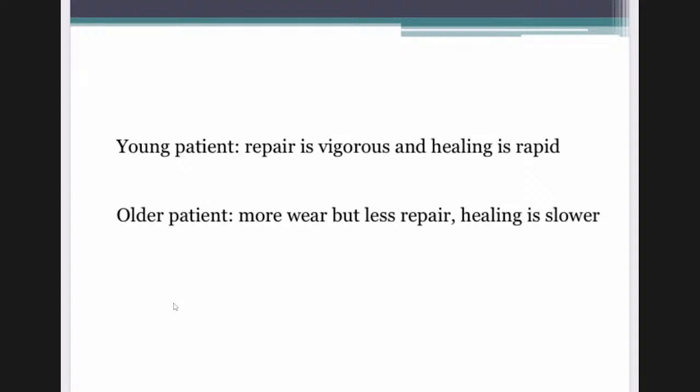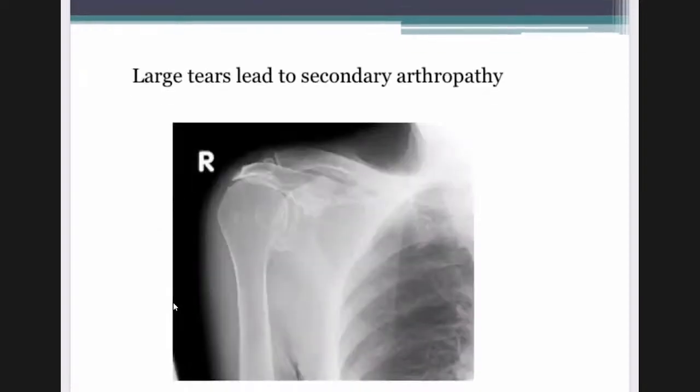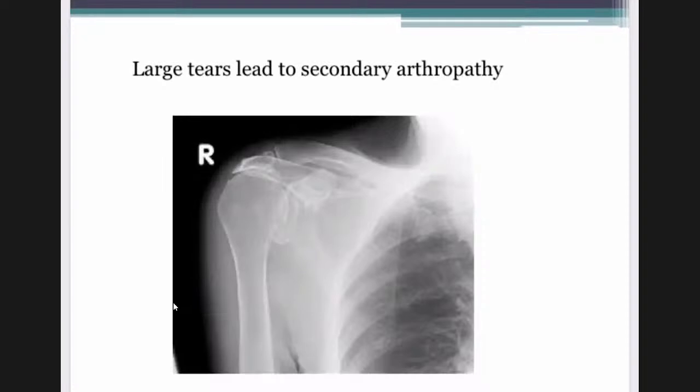And finally, when the tendon undergoes tears, especially if there's a large tear, then that leads to secondary arthropathy. Like you can see on this X-ray here, the humerus has shifted up and is abutting the acromion. And you can see that there is a lot of secondary arthropathy or osteoarthritis of the shoulder.